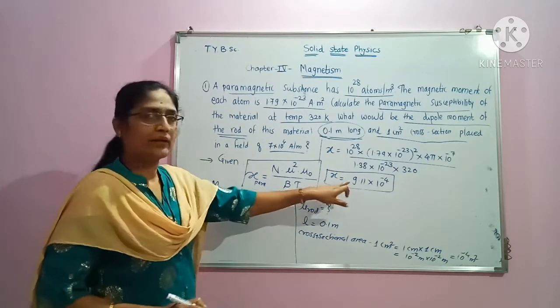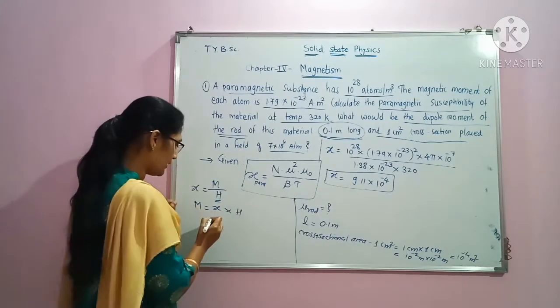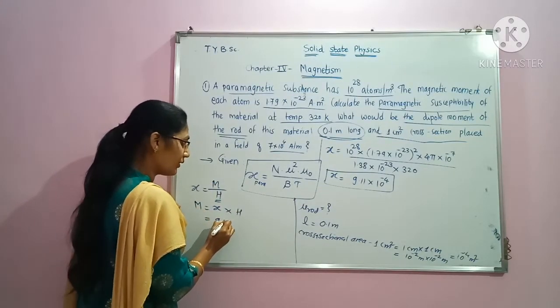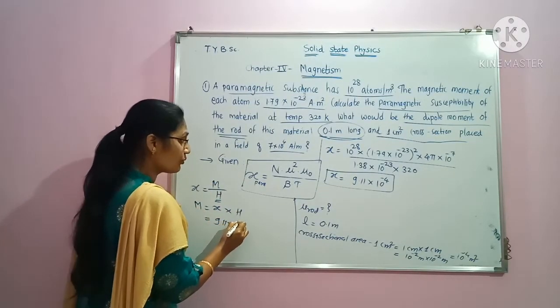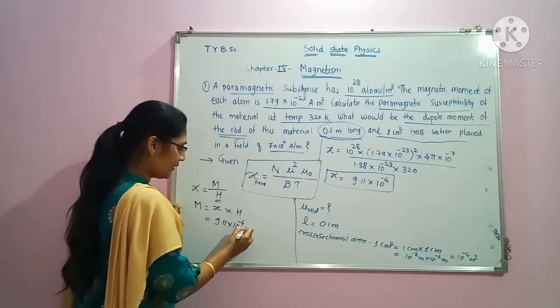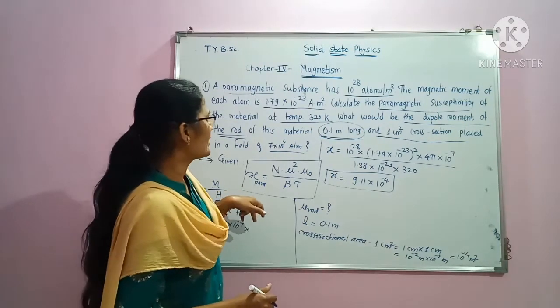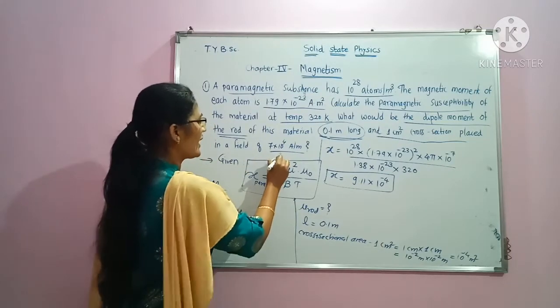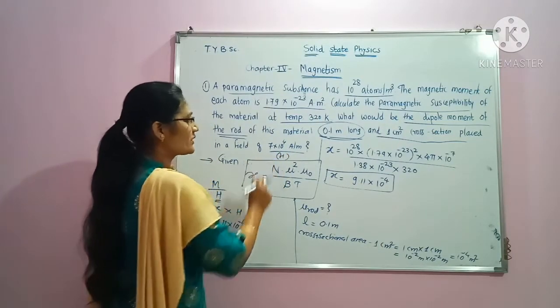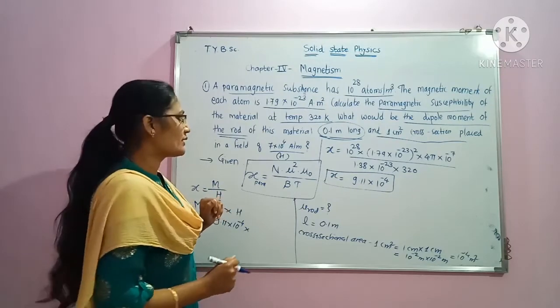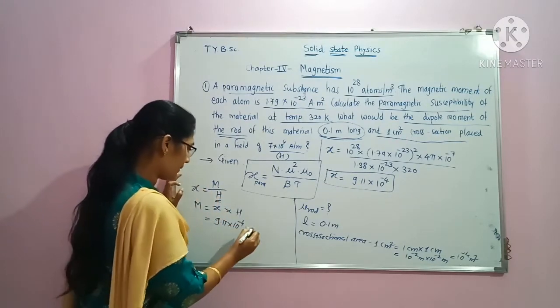Just now we have calculated the value of susceptibility as 9.11 into 10 raised to minus 4, into H value, which is given. What is the value of H? H value is given as 7 into 10 raised to 4 ampere per meter.